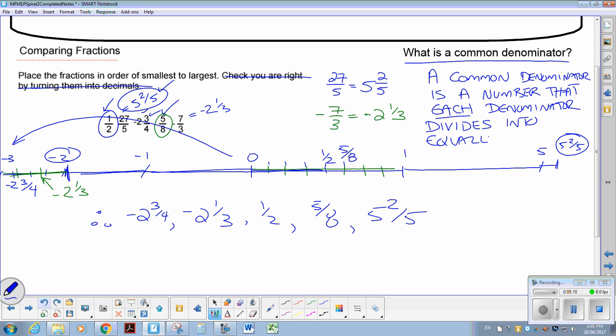All right. So a common denominator is a number that each denominator will divide into equally.